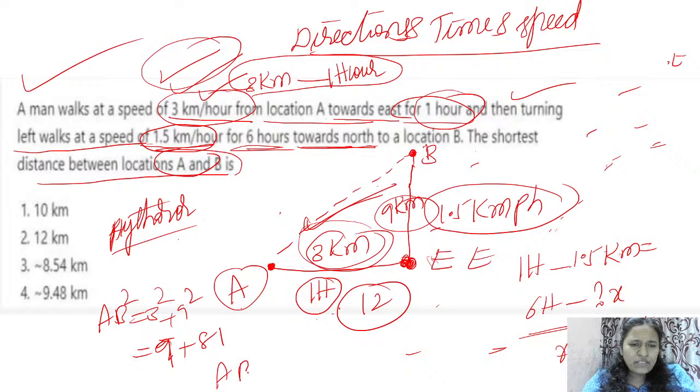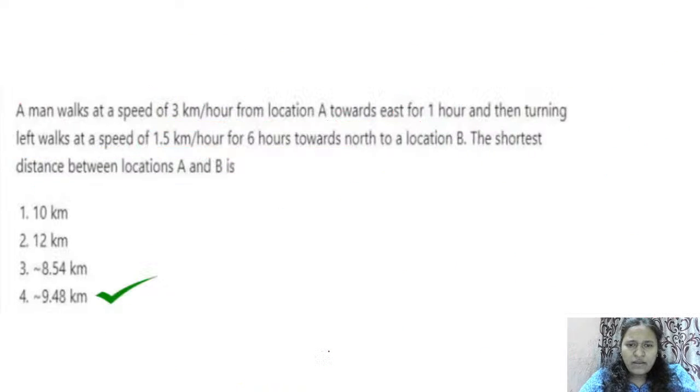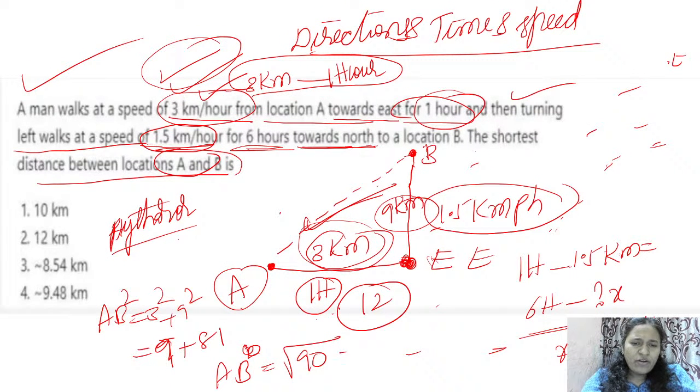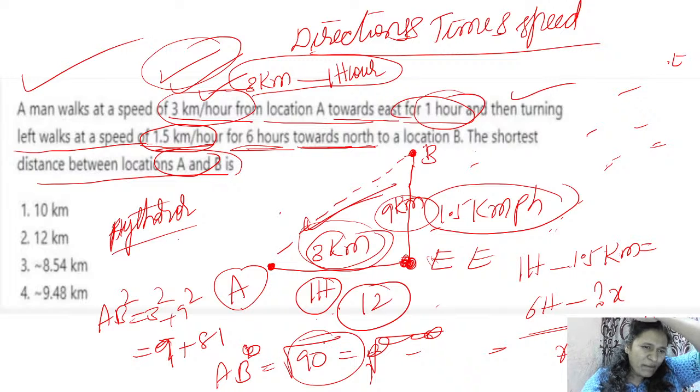That means AB square is equal to 90, so AB is equal to square root of 90. Square root of 90 is approximately, it is not equal to 10, approximately we can say 9 point something, right? It is not 8.